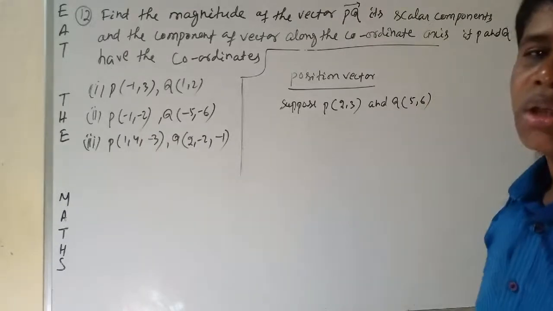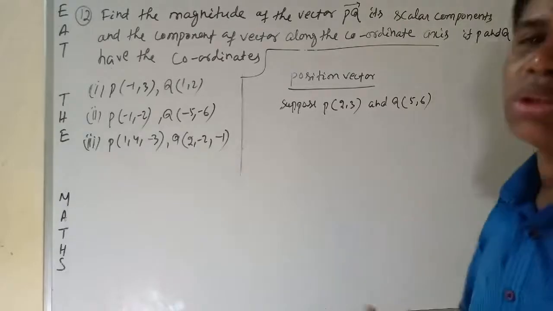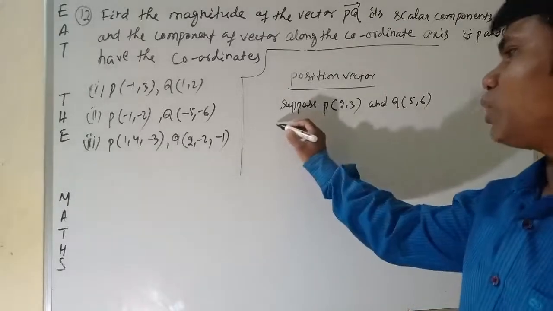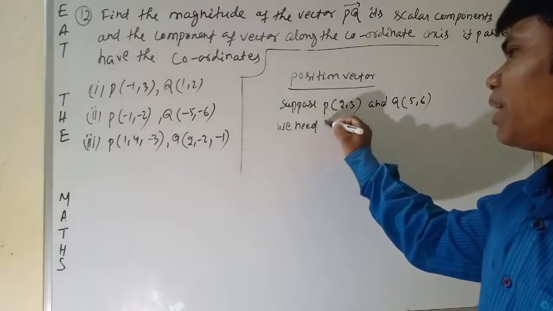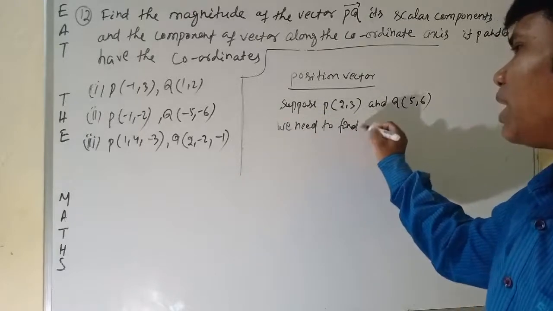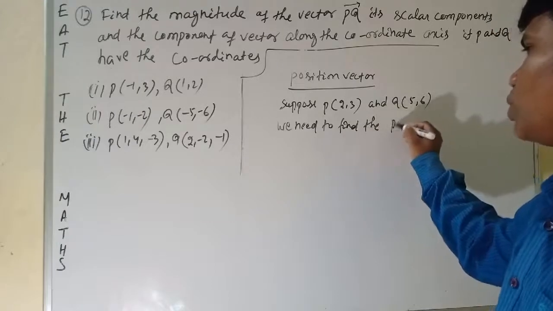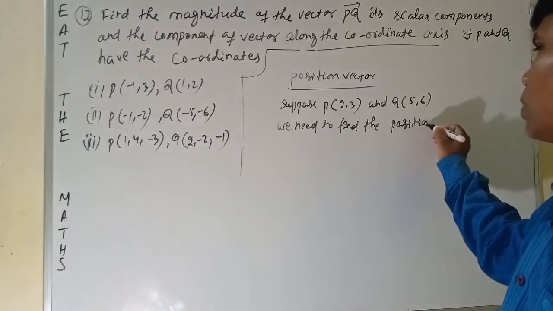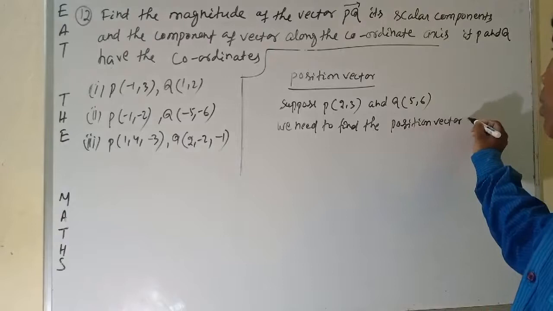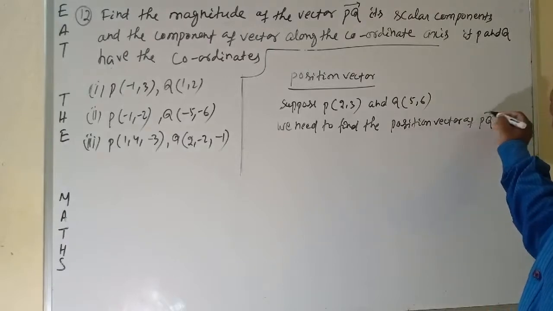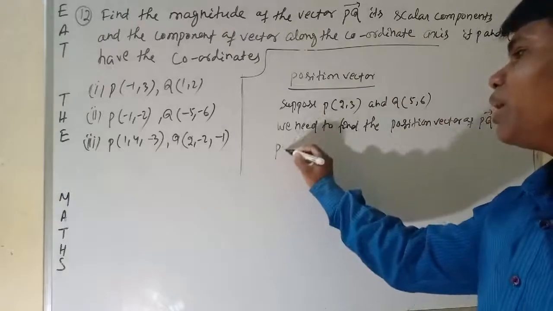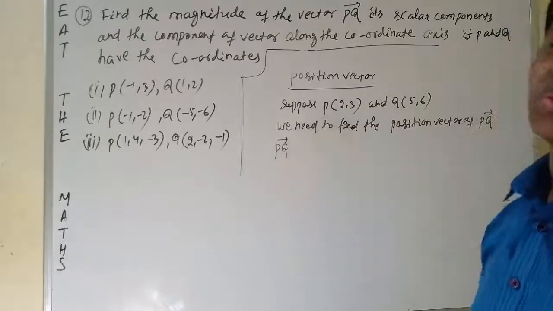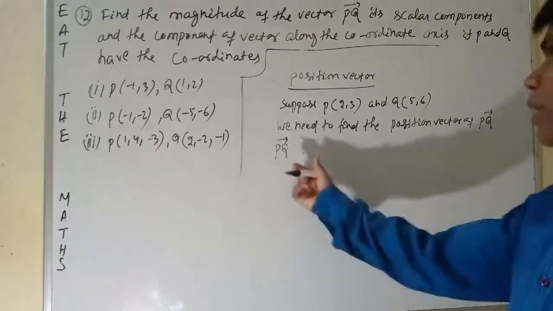Suppose we need to find the position vector of PQ. You observe here PQ, the arrow mark is towards Q. Remember, the arrow mark is towards Q.